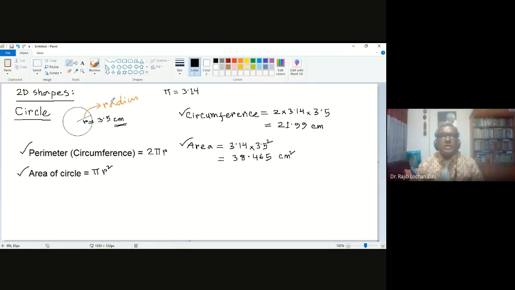That means the full length. Full length is called diameter. Radius is half of diameter. So diameter is the full line and radius is the half.